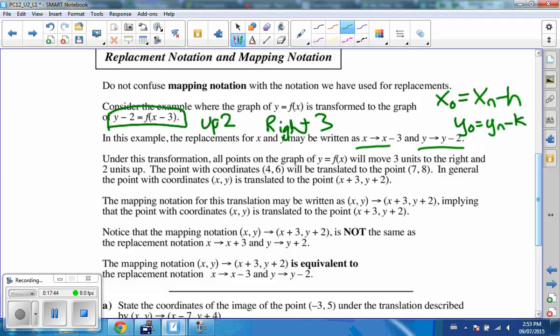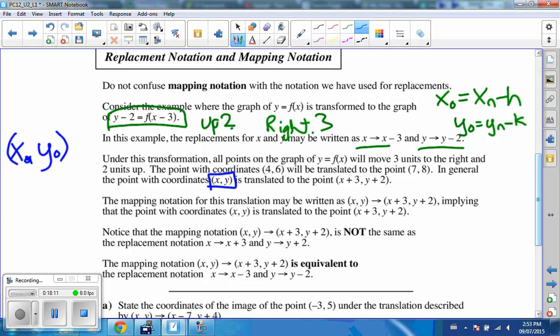We can sometimes also see what we call mapping notation. So we decided this would be up 2 and right 3. Where mapping notation comes from is you start with some coordinate, and we're going to call that point x comma y. So those are the original coordinates. I'm also just going to call these x old and y old.